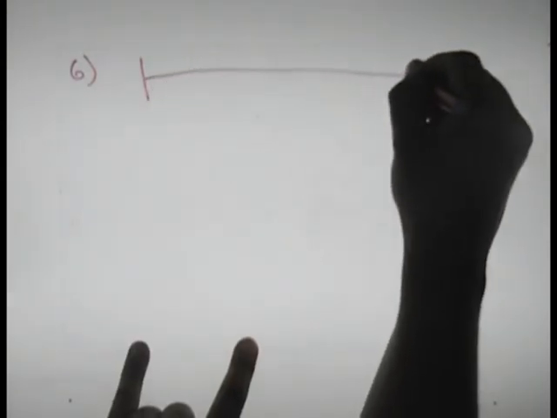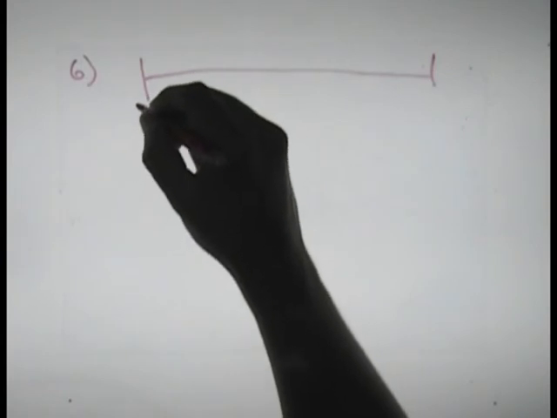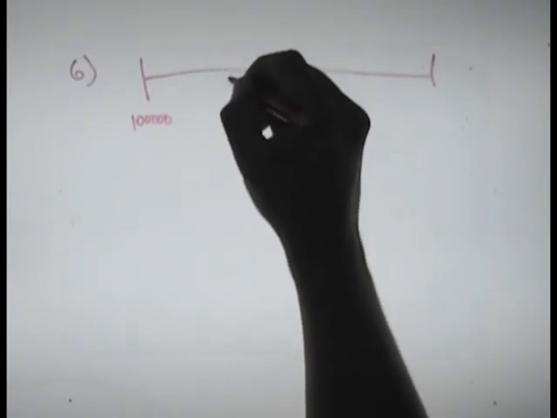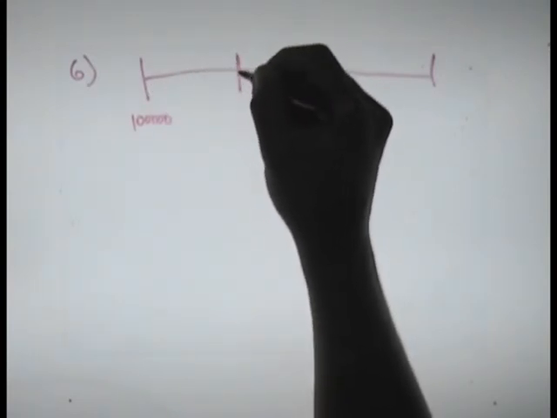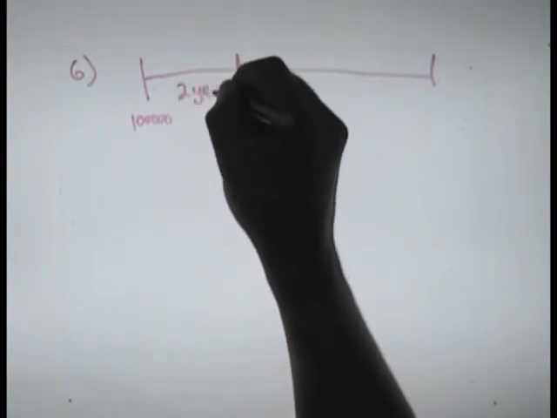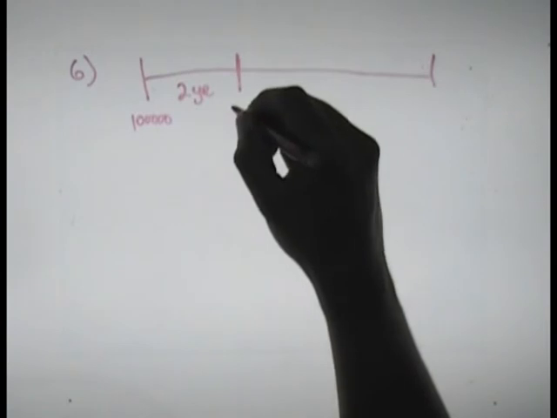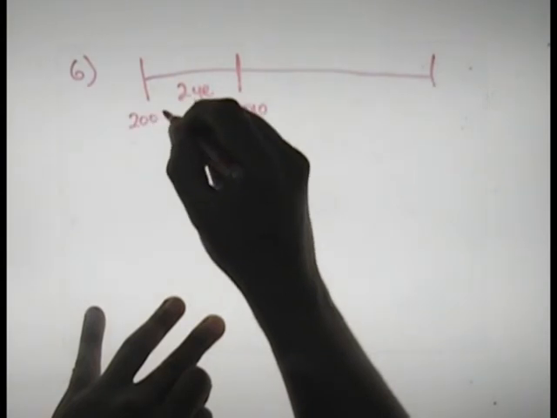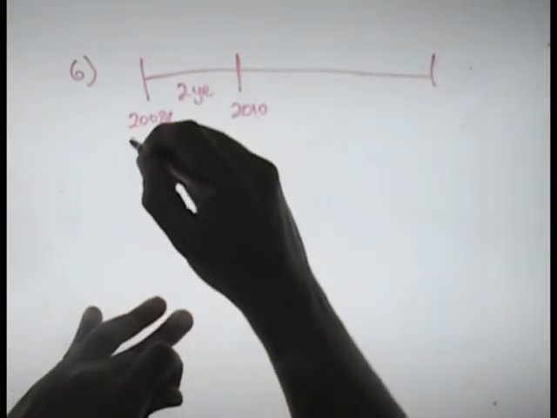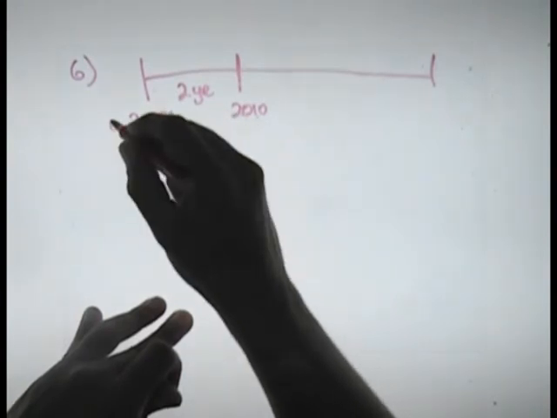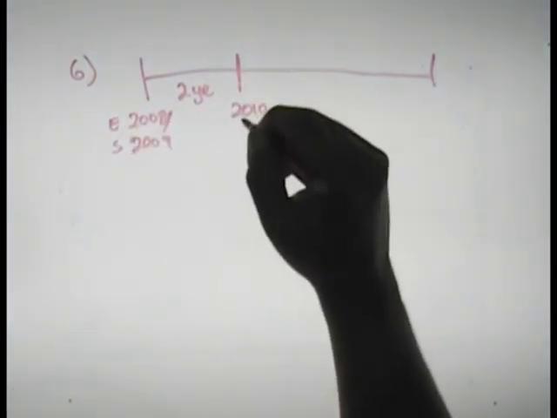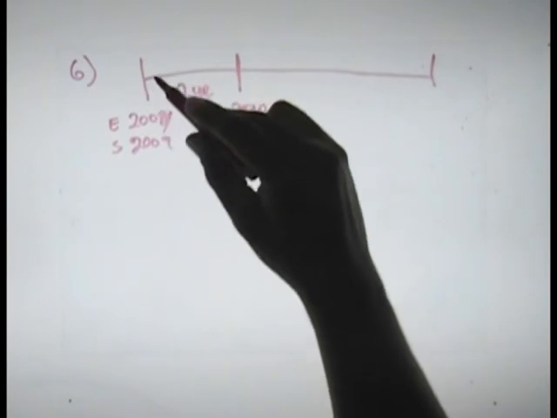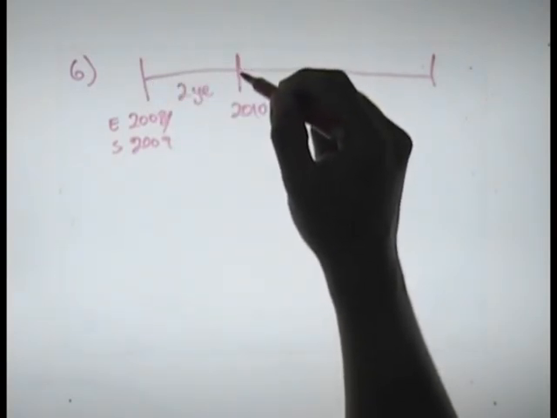Start off with a timeline. At the start of 2009, the asset is worth 100,000 Rand. Its value is going to change over a 2-year period till the end of 2010. So this was the end of 2008, start of 2009. Over a 2-year period, it went from 100,000 Rand to a certain amount.